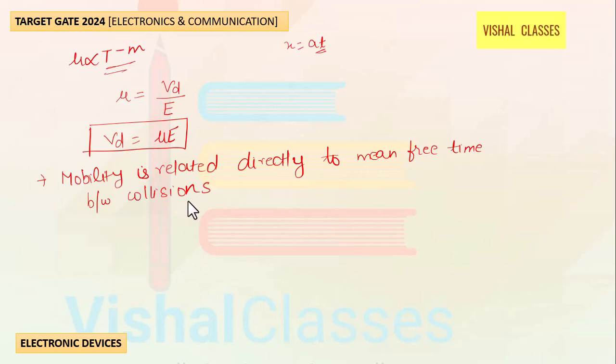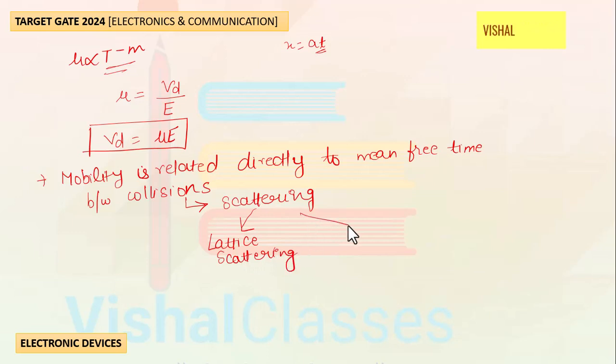This collision is determined by scattering phenomena. There are two types of scattering: lattice scattering and impurity scattering.